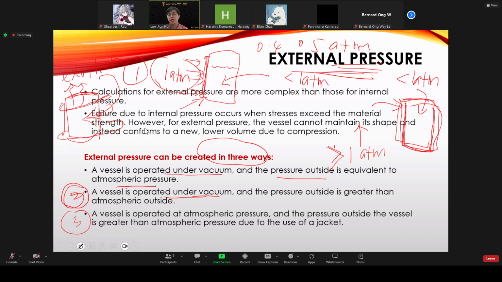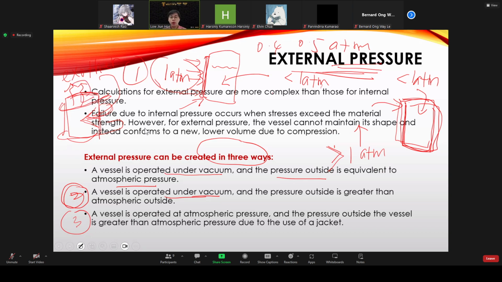But don't forget, when the water flows through the gap between the jacket and the pressure vessel, the pressure in the gap is higher than the operating pressure inside the pressure vessel.